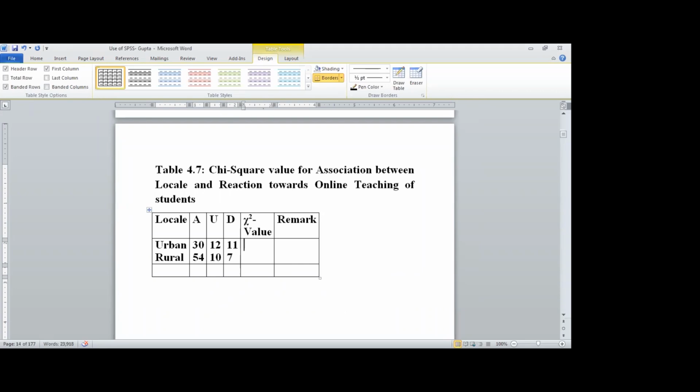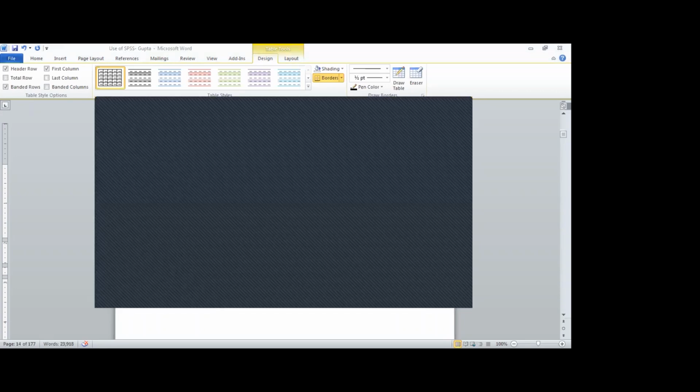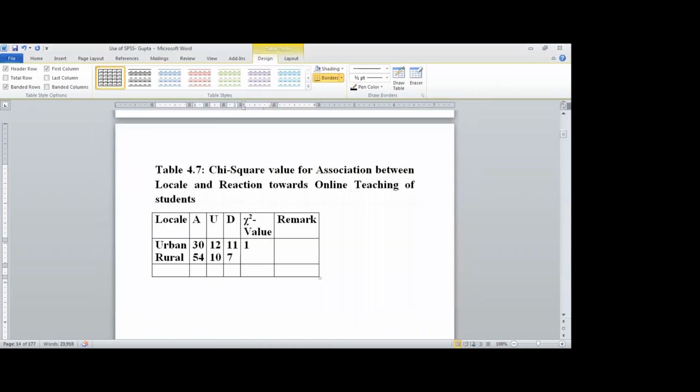And the chi-square value is 11.81, and it is significant at 0.01.